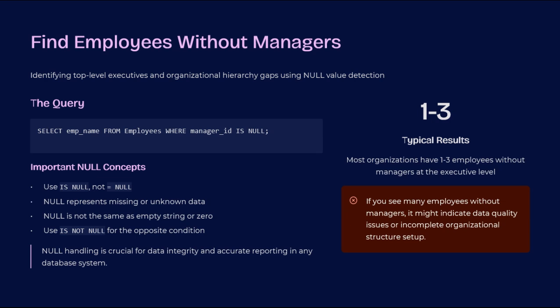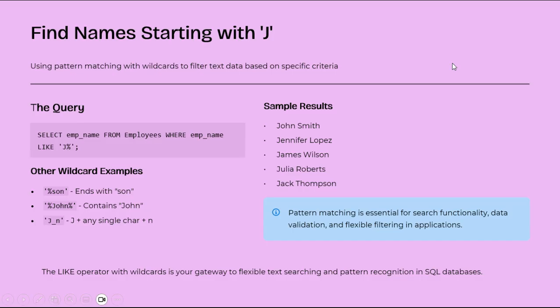Use is not null for the opposite condition. Null handling is crucial for data integrity and accurate reporting in any database system. Most organizations have 1 to 3 employees without managers at the executive level. So if you see many employees without managers, it might indicate data quality issues or incomplete organizational setup.